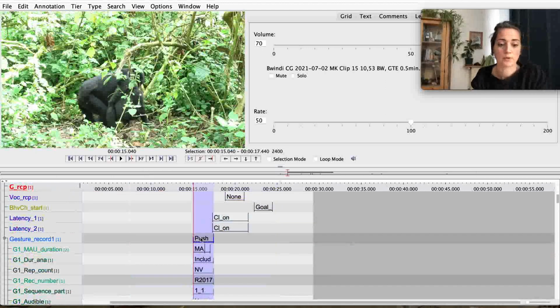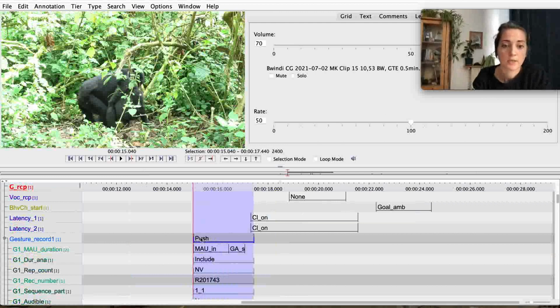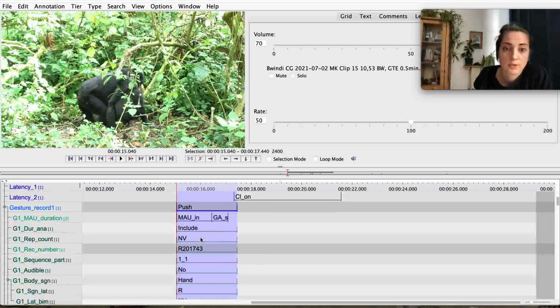But now I'm first going to talk about the gesture instance and how we code the gestures. We have split them a little bit into action and body parts to have enough detail on different constellations.